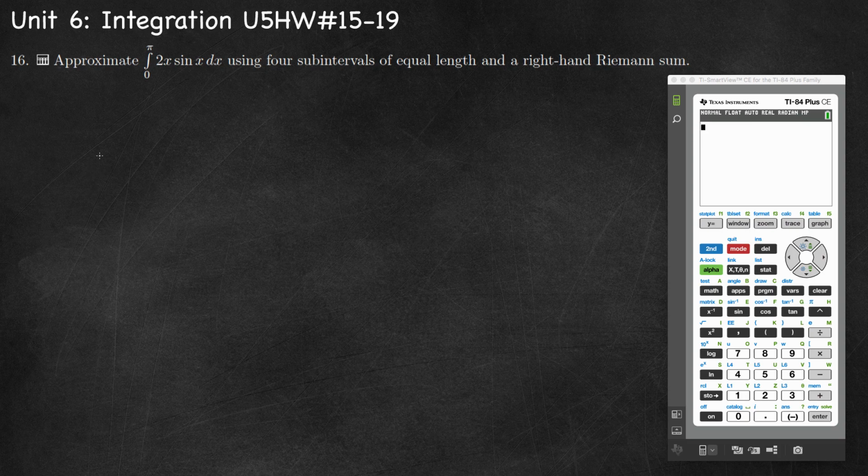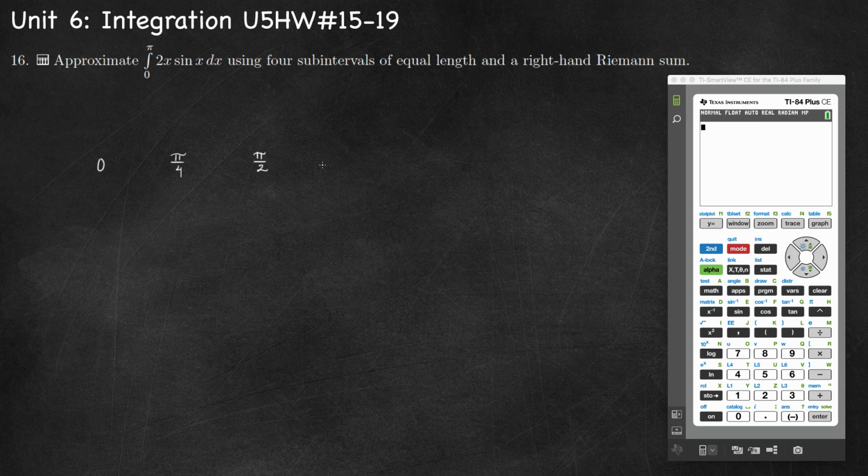So my table is going to start at 0. It's going to end at pi. That's a total distance of pi, and if I divide that into 4, each part has a length of pi over 4. So 0 plus pi over 4 is pi over 4. Pi over 4 plus pi over 4 is 2 pi over 4, which reduces to pi over 2.